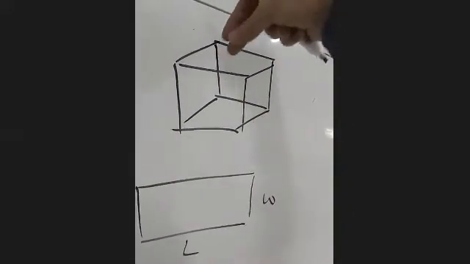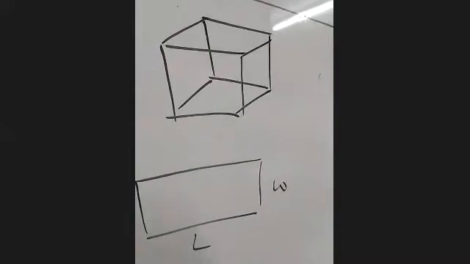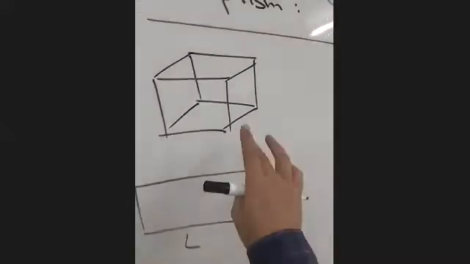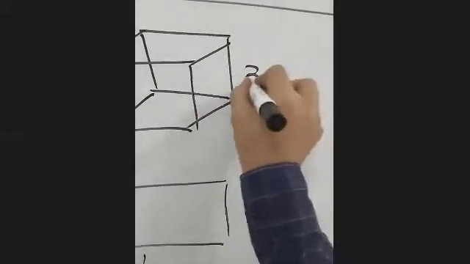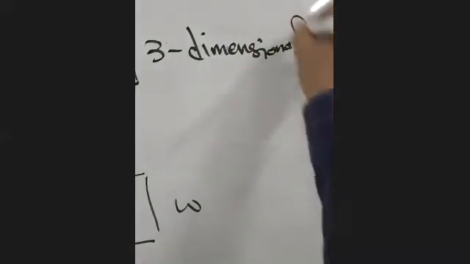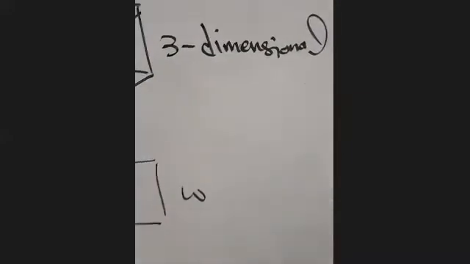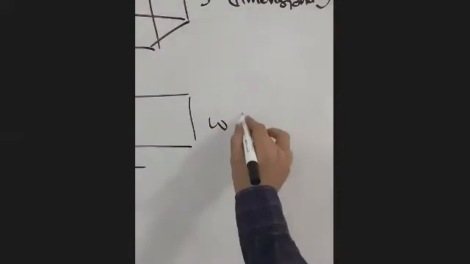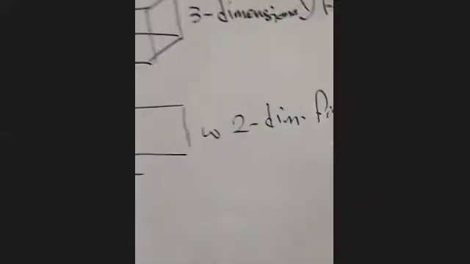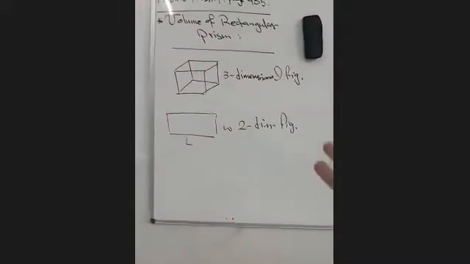Here I can put water inside. But here I cannot put water inside the rectangle. Here we call it a 3-dimensional figure. But here, a 2-dimensional figure. Okay? So the difference is a big one.